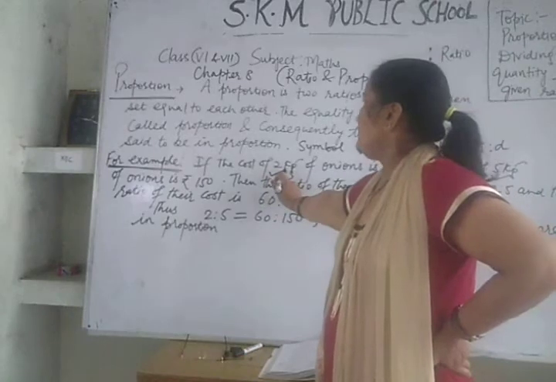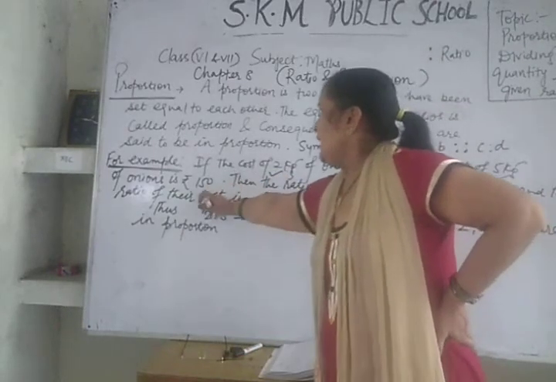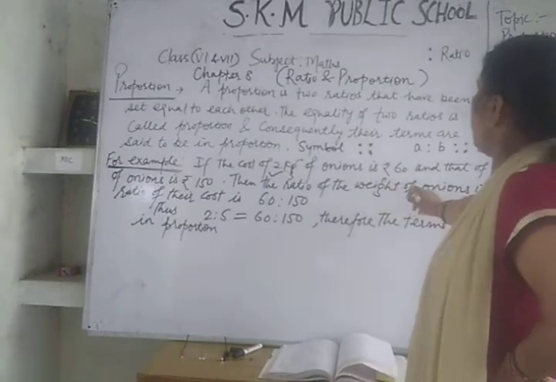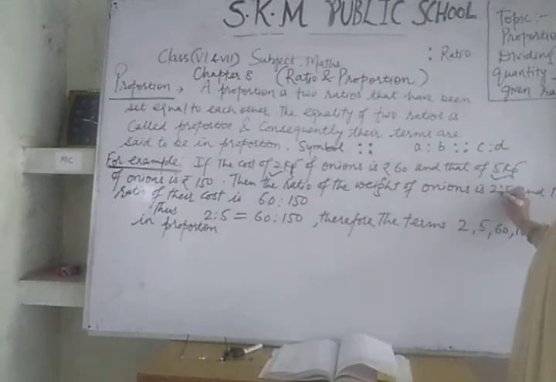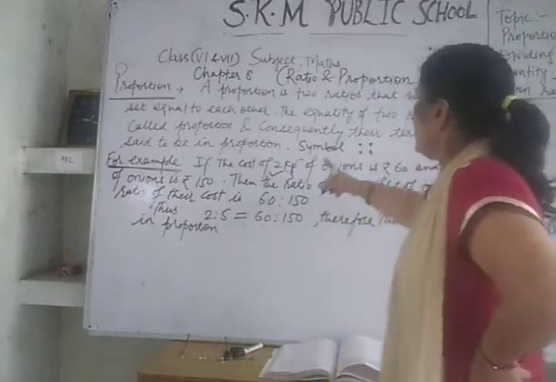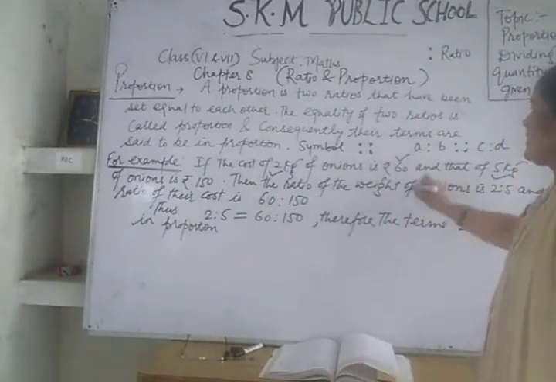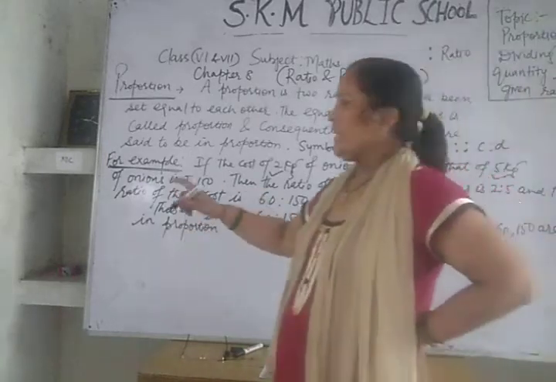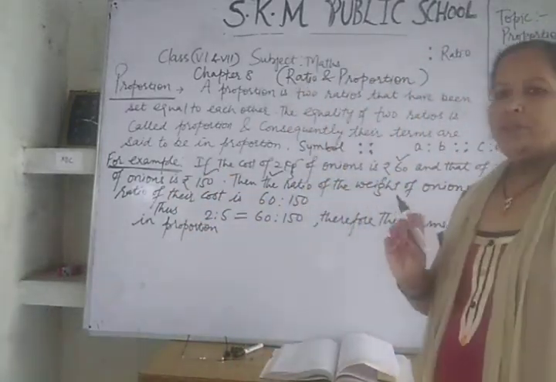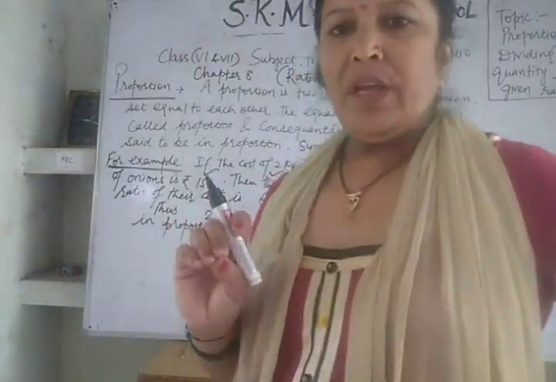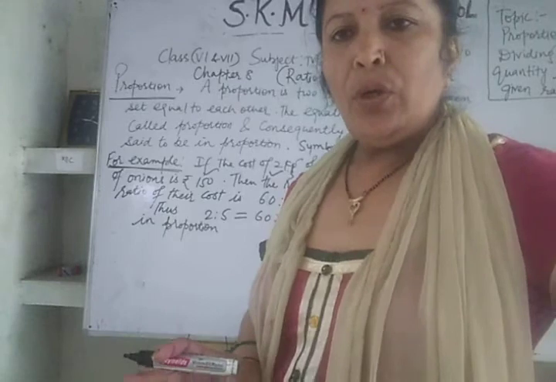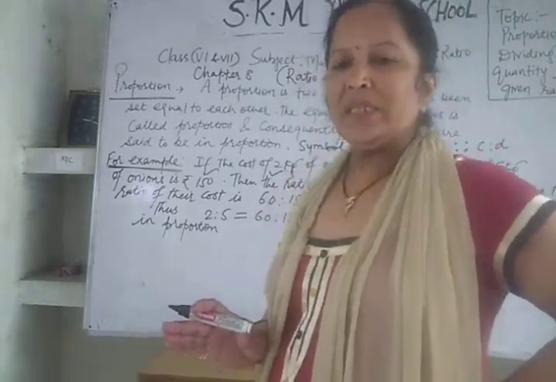Here the unit is the same, kg: 2 kg and 5 kg. So the ratio of the weight of the onions is 2:5. The ratio of the cost: for 2 kg onions the cost was rupees 60 and for 5 kg onions the cost was rupees 150. So the ratio of the cost is 60:150, in rupees.